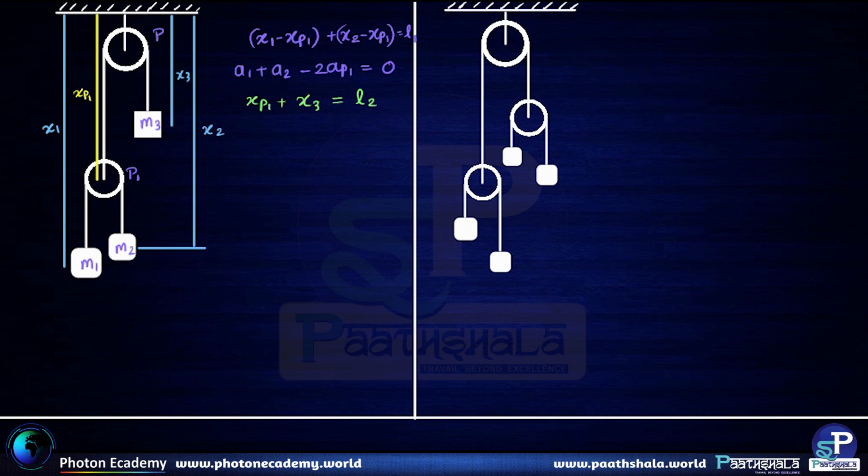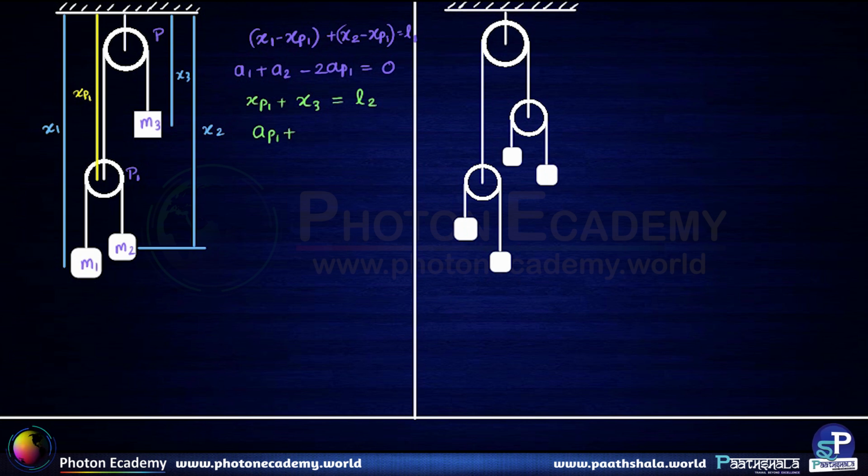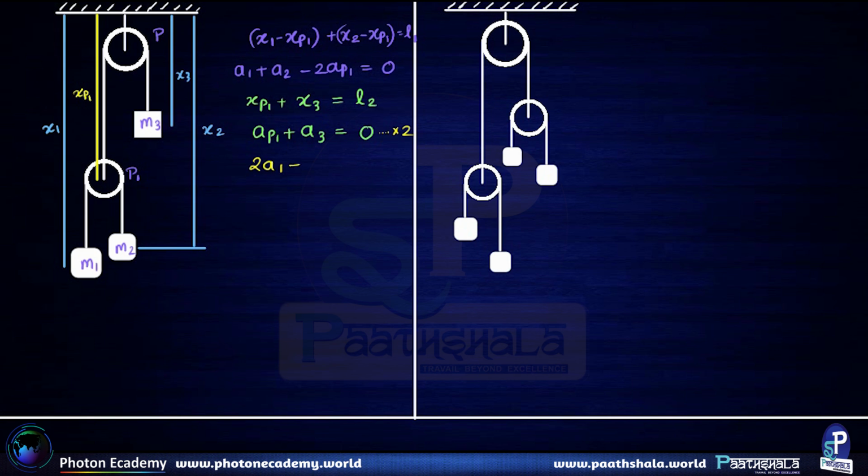So after double differentiating these, we get ap1 plus a3 equal to 0. In order to simplify, we multiply this equation with 2. Then we can write down 2ap1 plus 2a3 equal to 0.